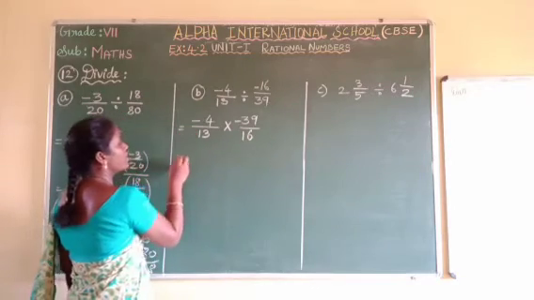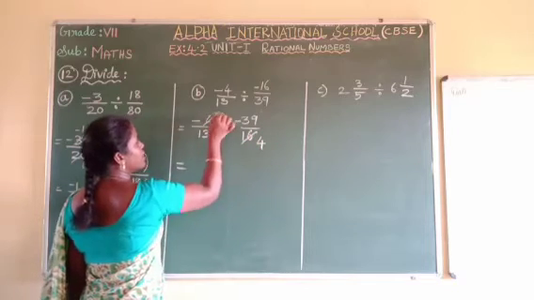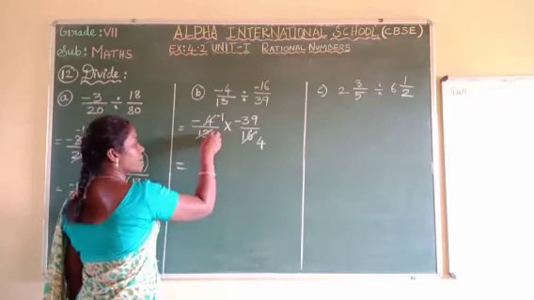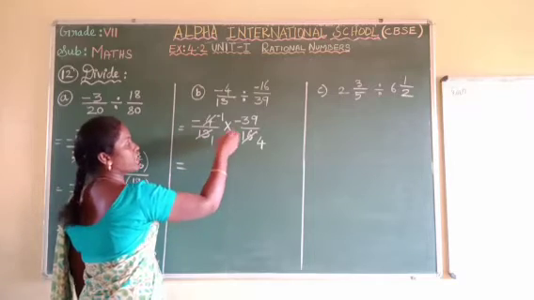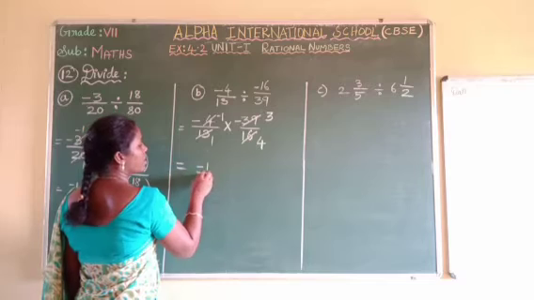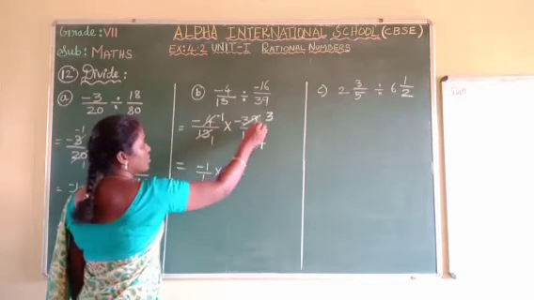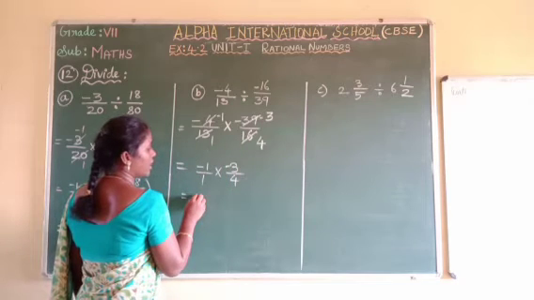Now, anything to simplify here? 1 4 is 4, 4 4s are 16. And 13 is a prime number, but 13 into 3 is 39. So 1 times and 3 times. So what is the final answer we are having? Minus 1 into 1 into minus 3 by 4. So we got minus 1 into 3.